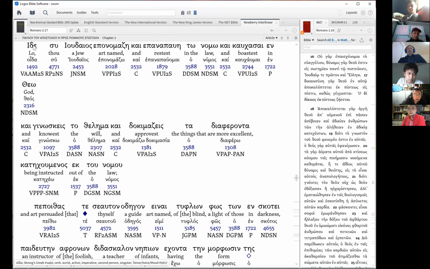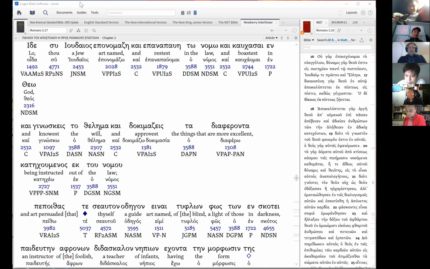Okay. So here's you, a Jew, are named as the verb. And in this case, it says restest. Maybe I should just use the Bible Hub. Yeah, let's do that. This is too old English.